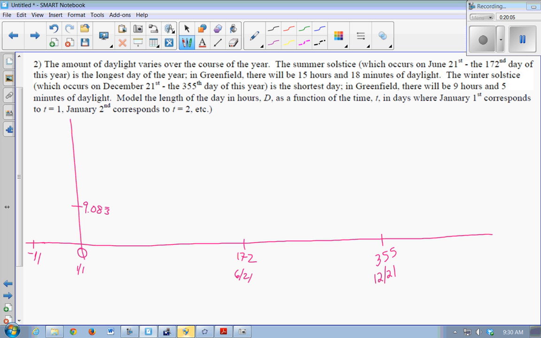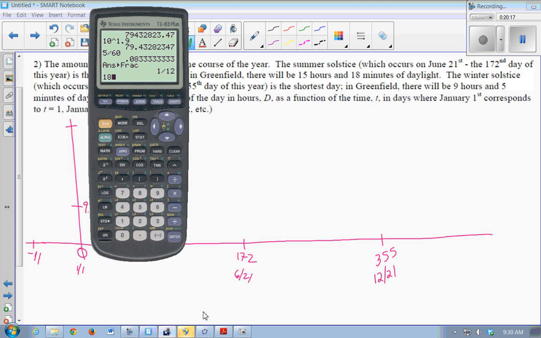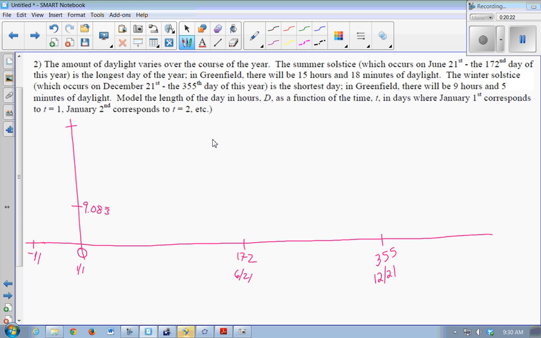And then the longest day is 15 hours, 18 minutes. So 18/60ths is 3/10. So 15.3 hours is the longest day. All right, then to get the midline, I have to average those two numbers.